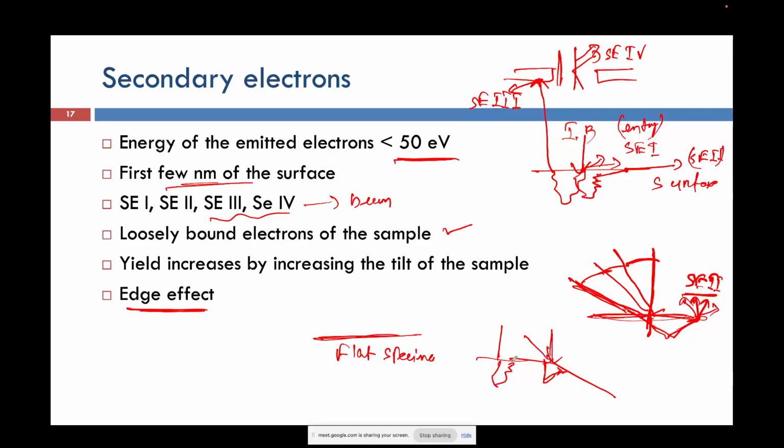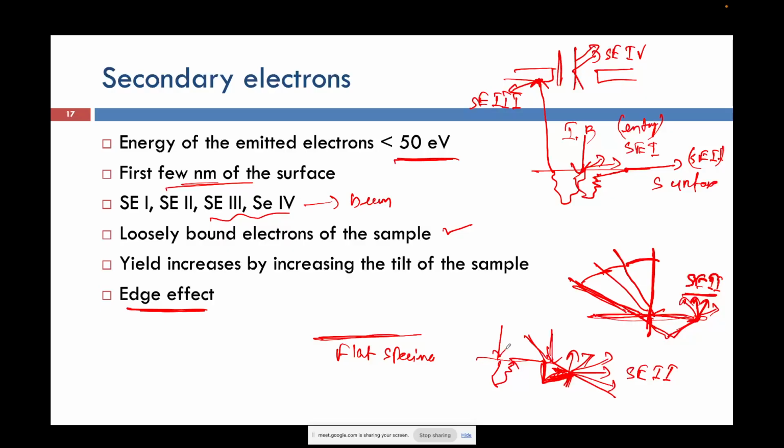The point of exit for the incident beam at an edge structure is much easier, because it came in and the path for its exit is very short, so it is quickly able to exit, and during exit it is generating all those secondary electron 2.